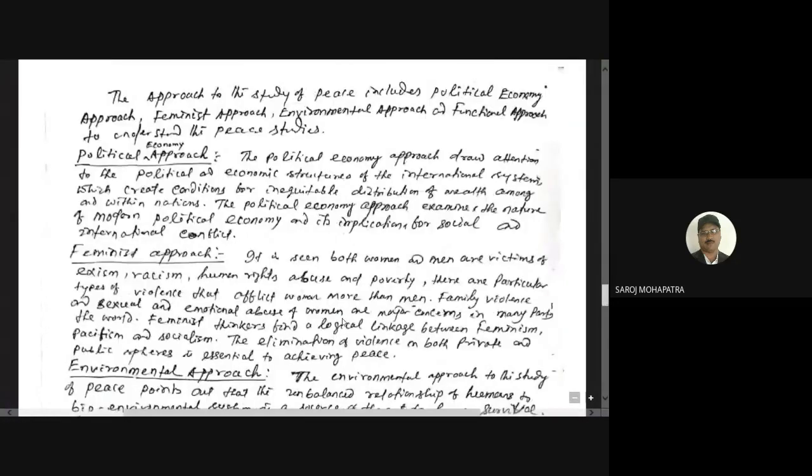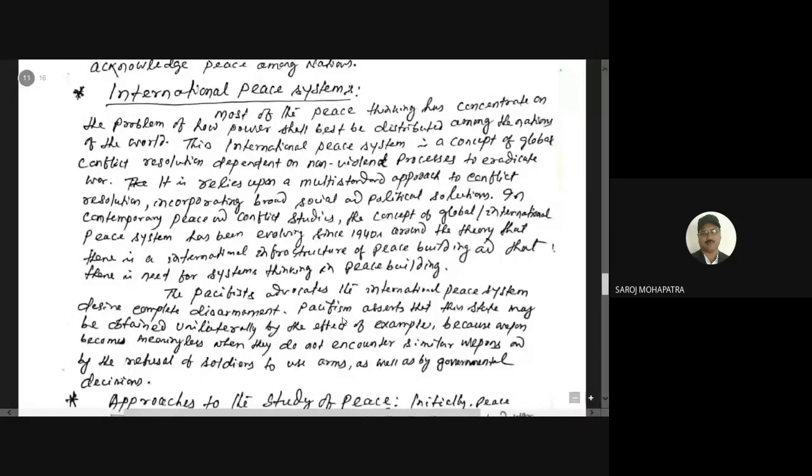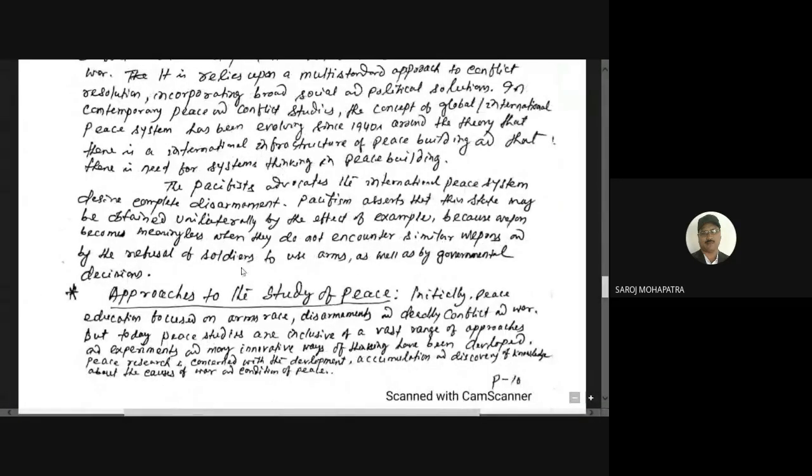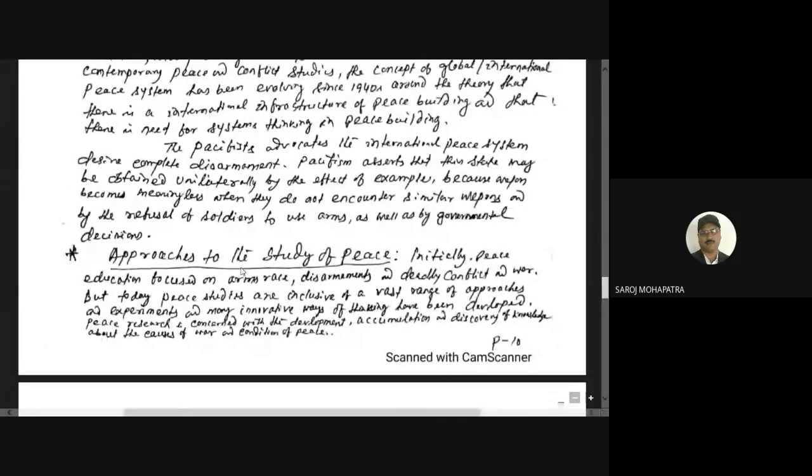Now you see that topic which was on a discussion: the international peace system and the approach to the study of peace. Initially, peace education focused on the arms race, disarmament, deadly conflict and war.